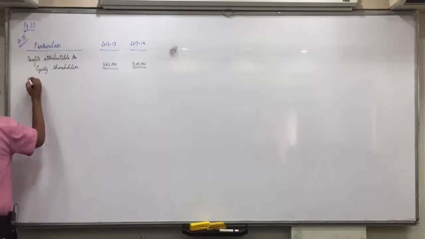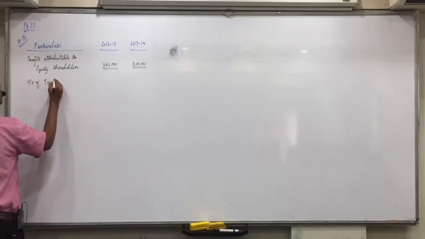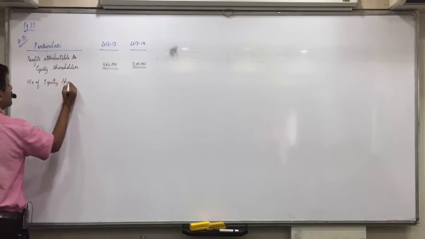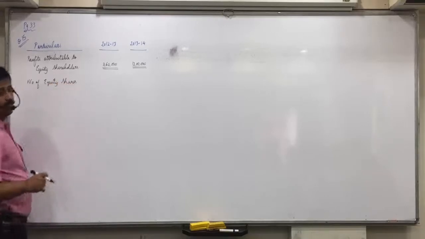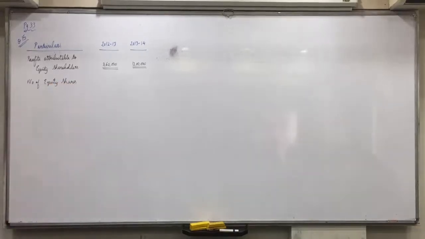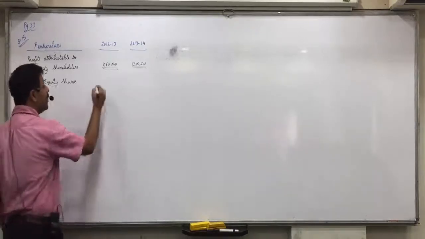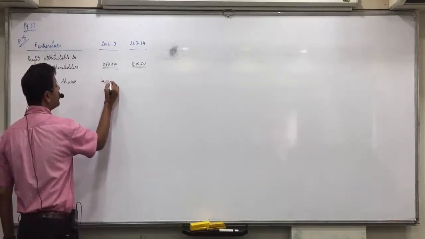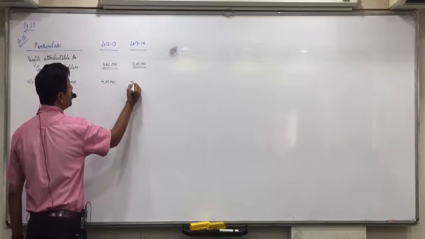Then, number of equity shares. Number of equity shares in 12 to 13 also 4 lakhs. In 13 to 14 also 4 lakhs.